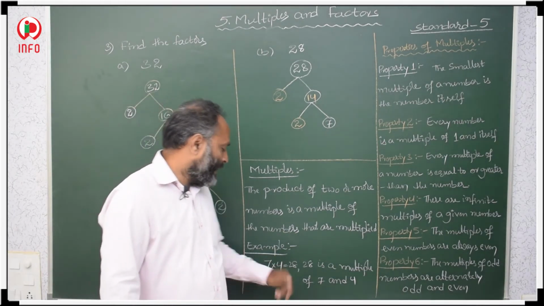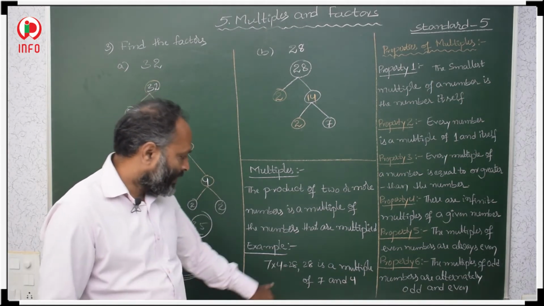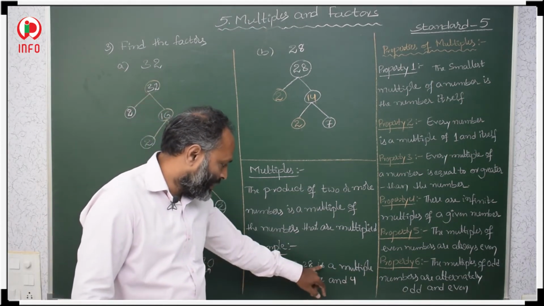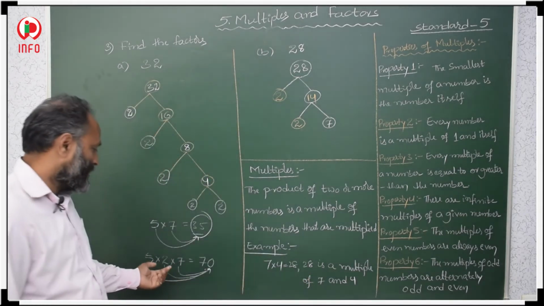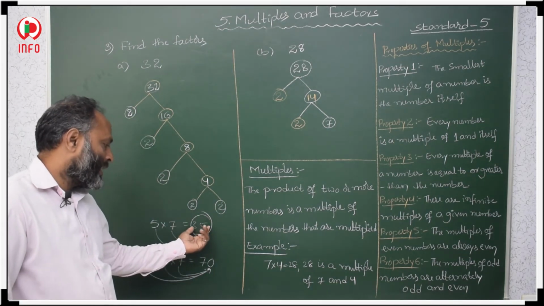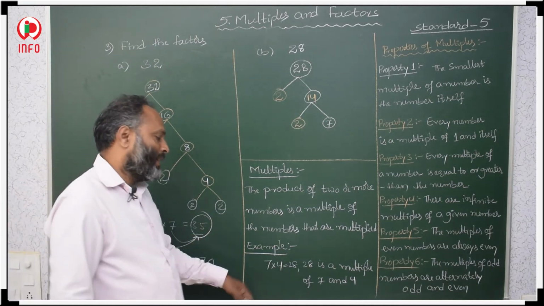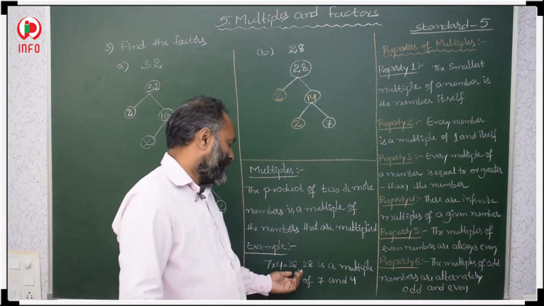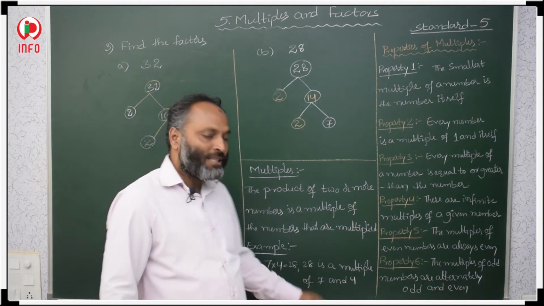Next, for example, 7 4s are 28. This 28 is a multiple of 7 as well as of 4, similar to the earlier example with 5 and 7.